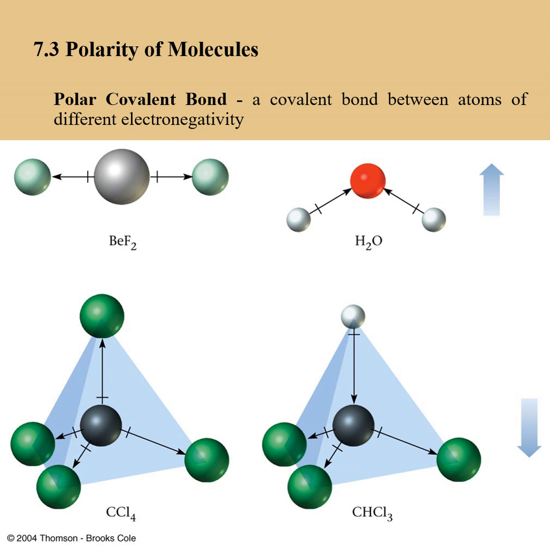The one on the bottom right is actually chloroform. That's actually the trivial name for trichloromethane, but anyway, the arrows point towards the chlorines with the carbon-chlorine bond, but it points towards the carbon with the hydrogen-carbon bond, because carbon is more electronegative than the hydrogen.